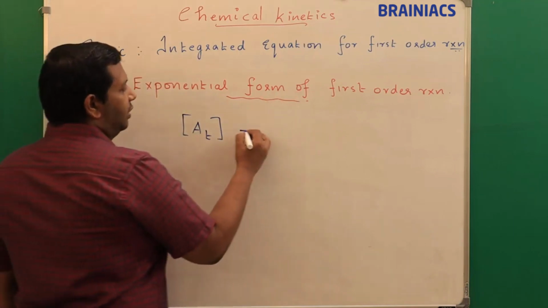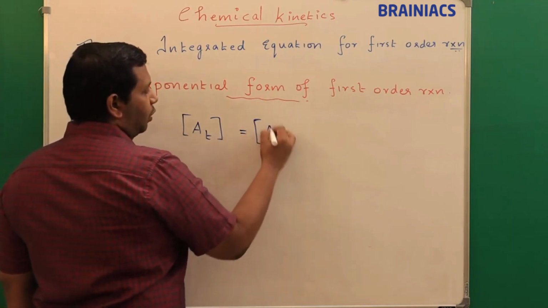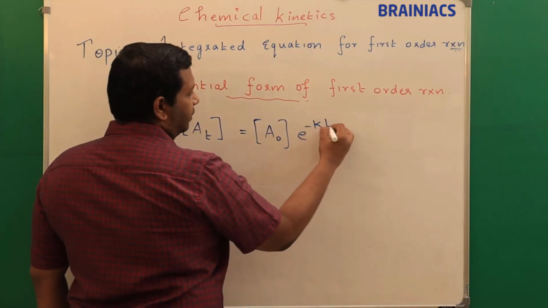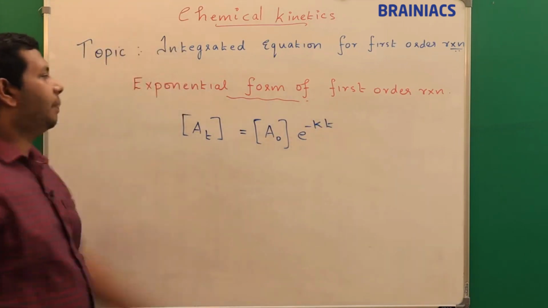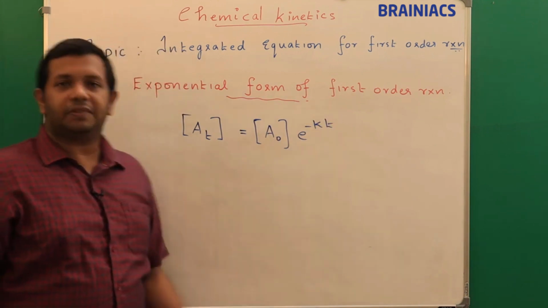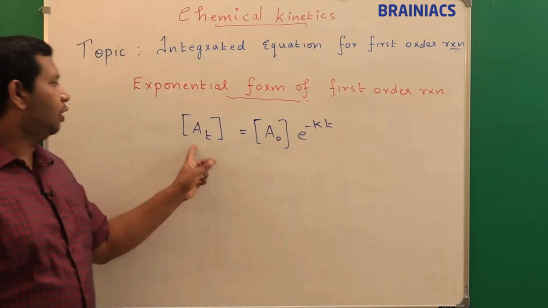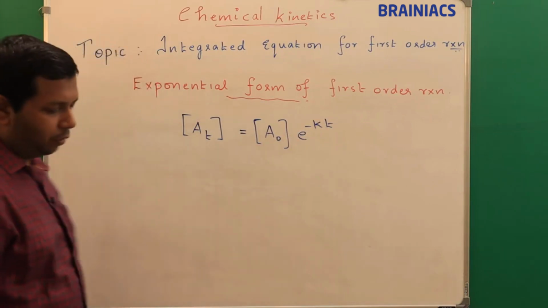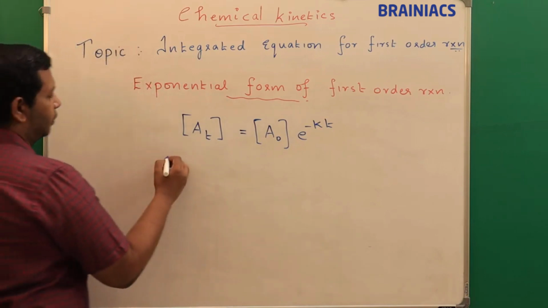So A of t is equal to A of 0 into e power minus k of t, where k represents the rate constant, t represents the time, A0 represents the initial concentration, and A of t is the concentration at a particular time t. Now, how will you form the graph for this one?